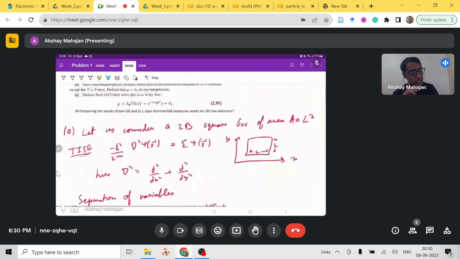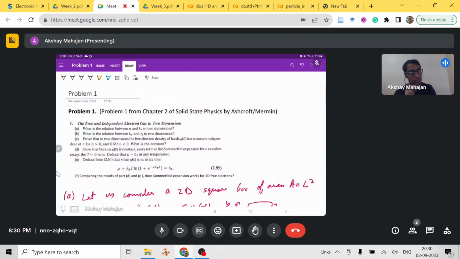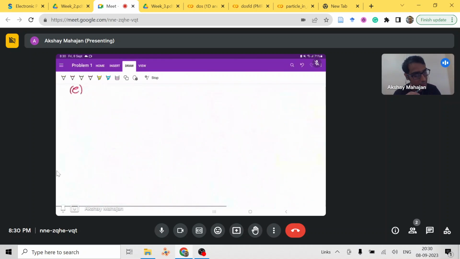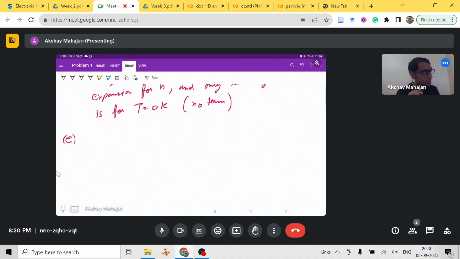In part D, we used the Sommerfeld expansion to calculate the electron density. In part E, it is asking us to actually do the integration and see that you will find mu to be something like this. It will not be epsilon f, so let's just check it.